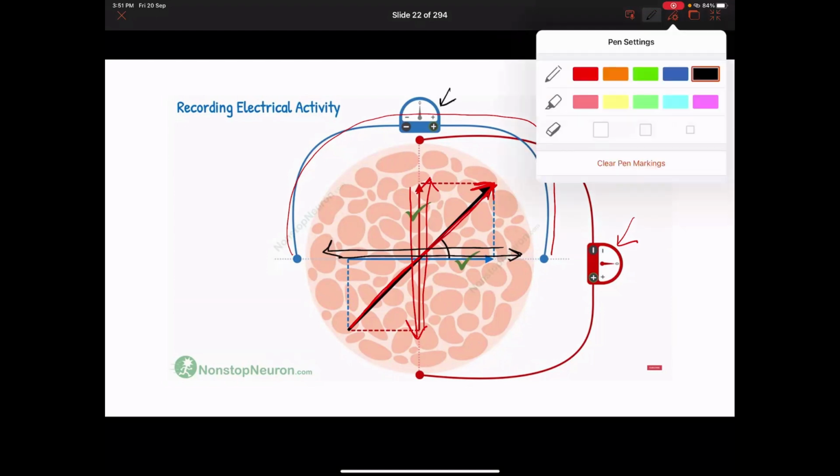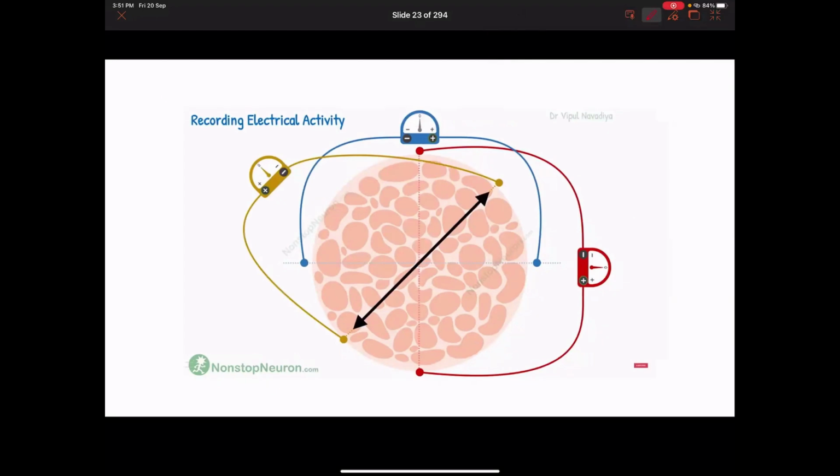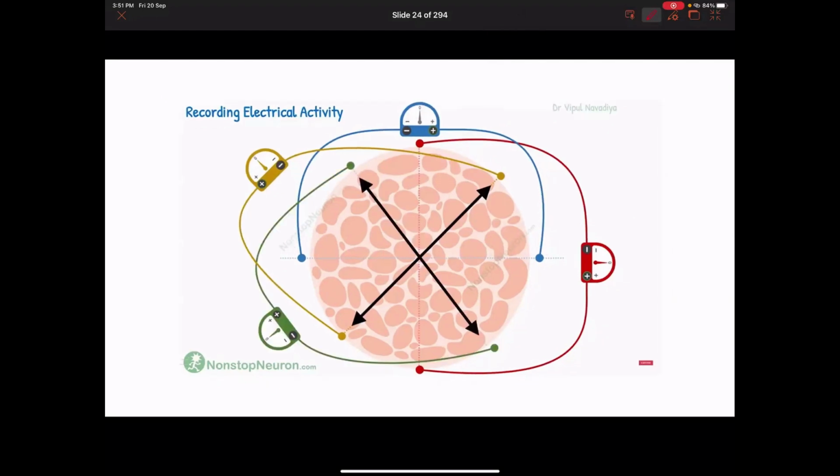But again, the heart has so many directions of impulses going. So we just keep connecting more leads and more leads. So each lead, like the green lead, will be able to read directions going this way. The blue lead will be able to read this way. The red lead will be able to read this way, okay? Together, they'll give you an accurate reading of impulses traveling in these directions, okay?